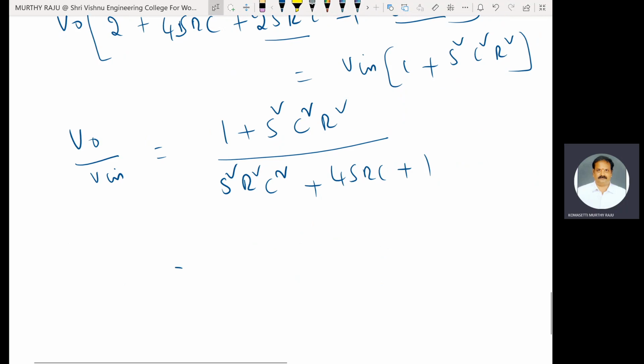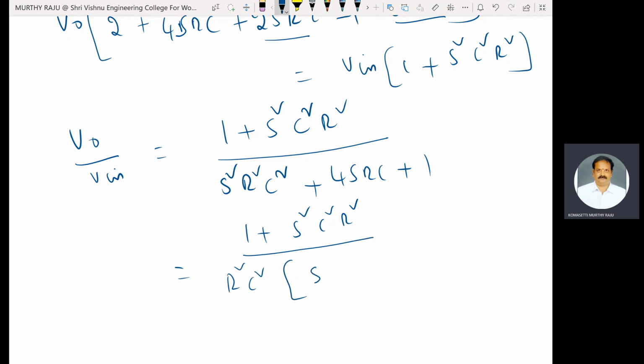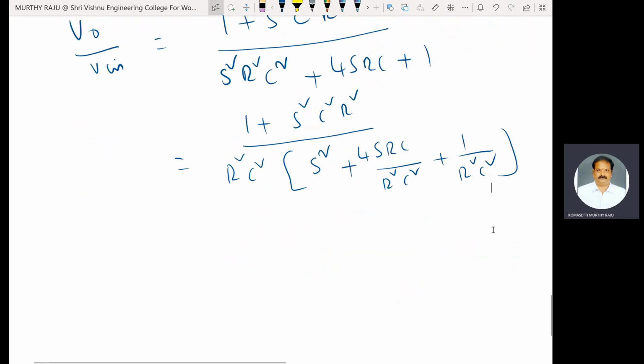Here 1 plus S square C square R square by common term R square C square is S square plus 1 by R square C square.